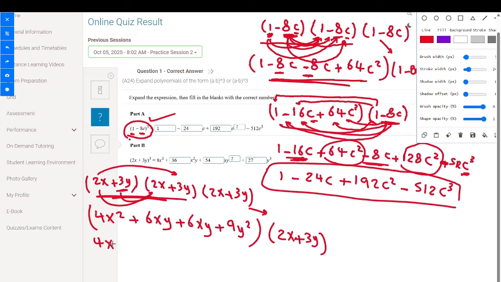Now let's simplify this one. We will have 4x squared plus 6xy plus 6xy. They are the same, so we'll have 12xy plus 9y squared.